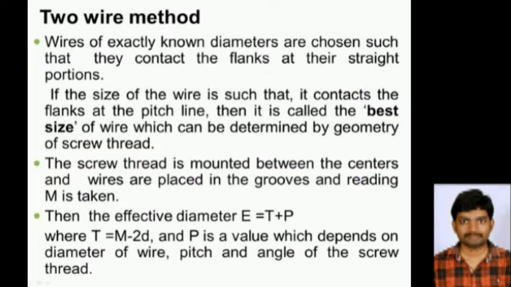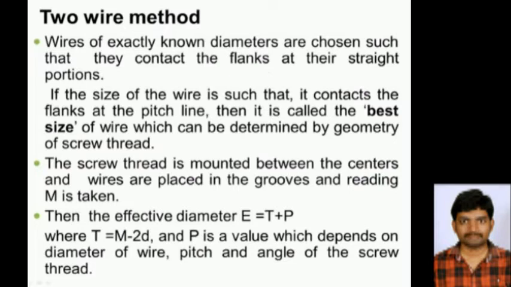At the pitch line, the wire will make contact with the straight portion of the flanks. If the size of the wire is such that it contacts the flanks at the pitch line, then it is called the best size of wire, which can be determined by the geometry of the screw thread.